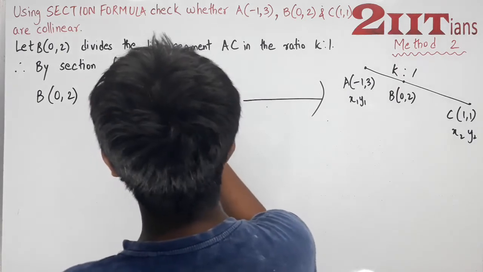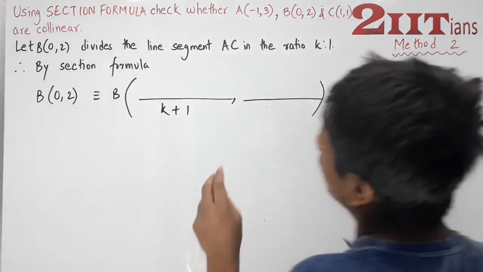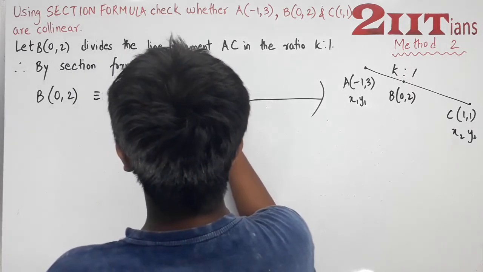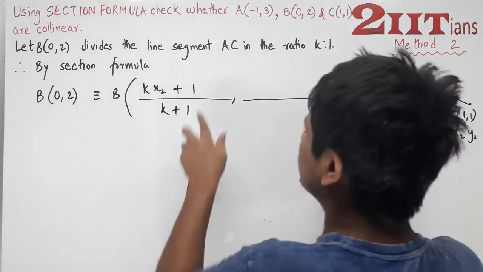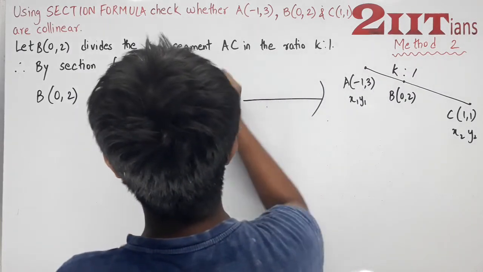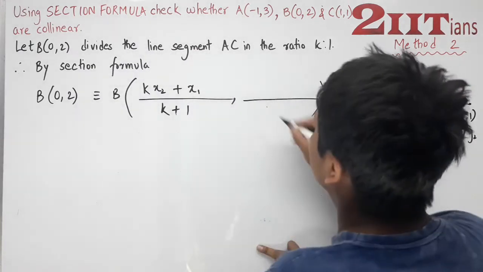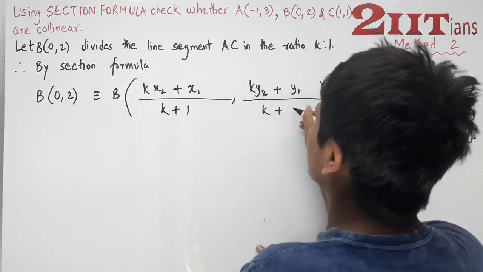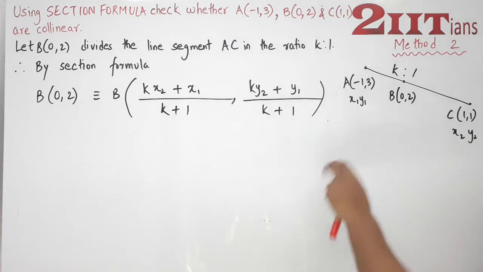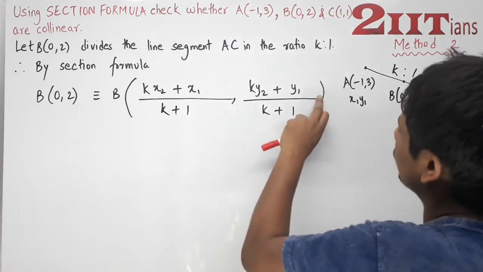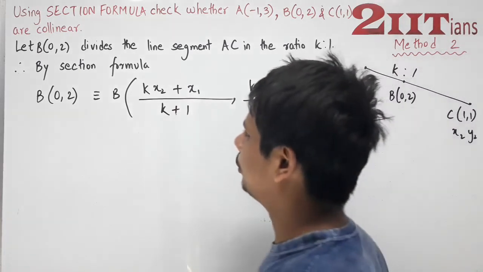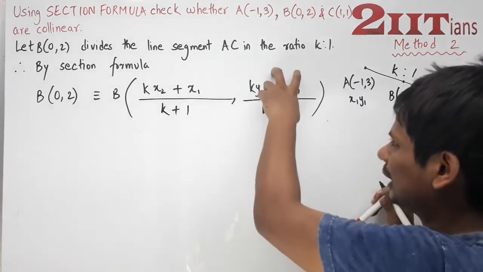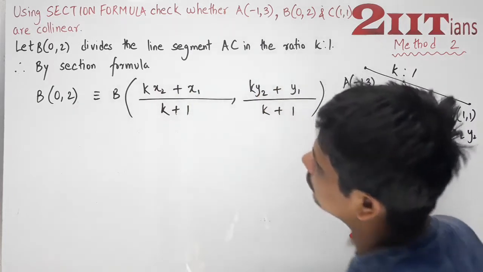In the denominator we will get K plus 1, and K x2 plus 1 multiplied by x1, so it will become x1 itself. And here we will get K y2 plus y1 divided by K plus 1. This itself is a form of section formula. Okay, so using this equation we will get one value of K. We should get the same value of K using this equation.